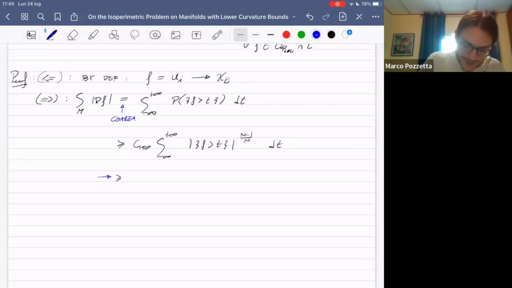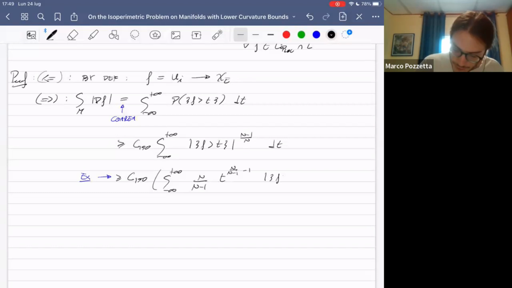Again, I leave the next inequality to you as an exercise, but there is no theory behind it, just real analysis. You can estimate from below this integral in the following way. The constant is always C iso, and here appears the integral from minus infinity to plus infinity of n minus 1 t to the power n over n minus 1 minus 1 and the volume of the super level set in dt, raised to the power n minus 1 over n.